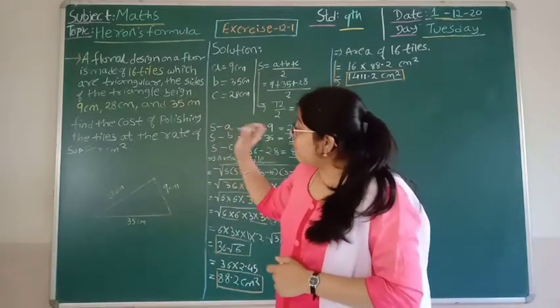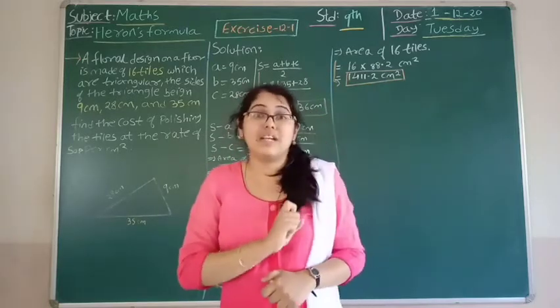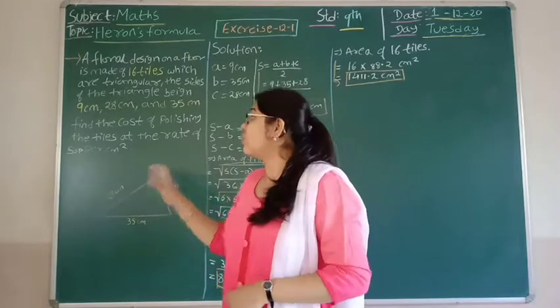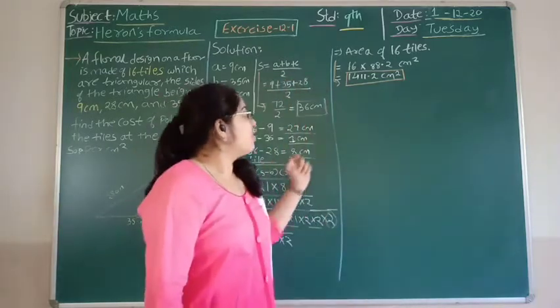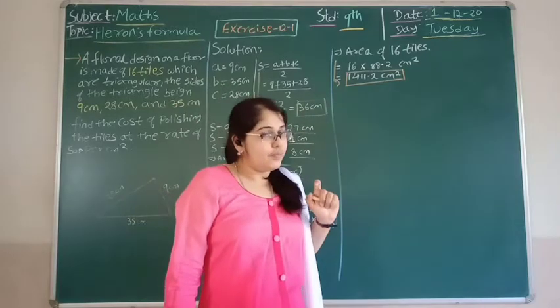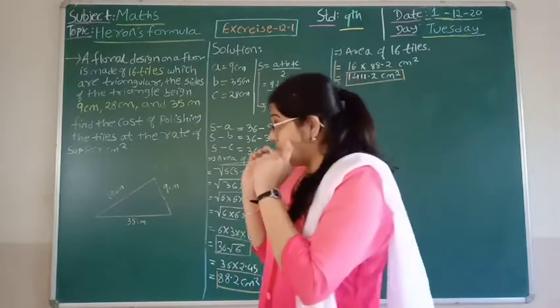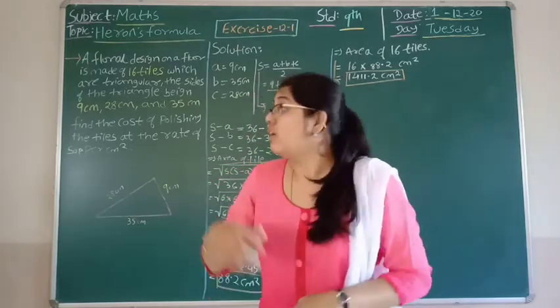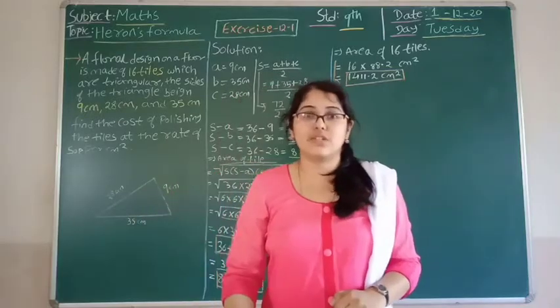Now what we need to find? Find the cost of polishing the tiles at the rate of 50 paise per centimeter square. So you need to find the cost for polishing these tiles. So we are able to find the total area. Now the one more thing which we need to calculate carefully is that we have been given 50 paise per centimeter square.